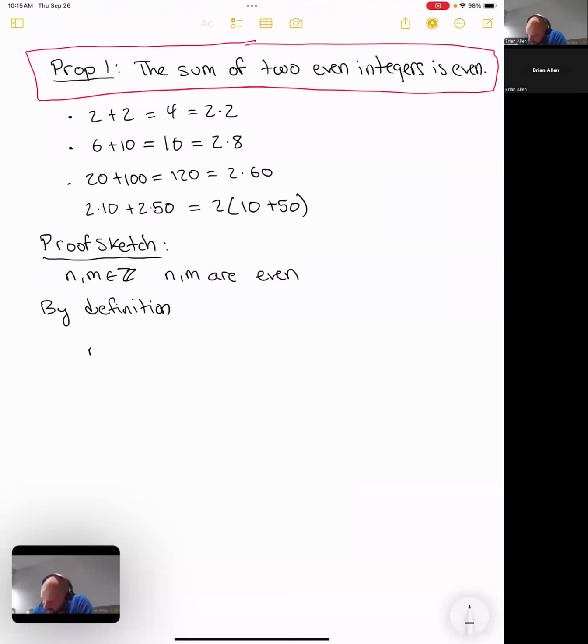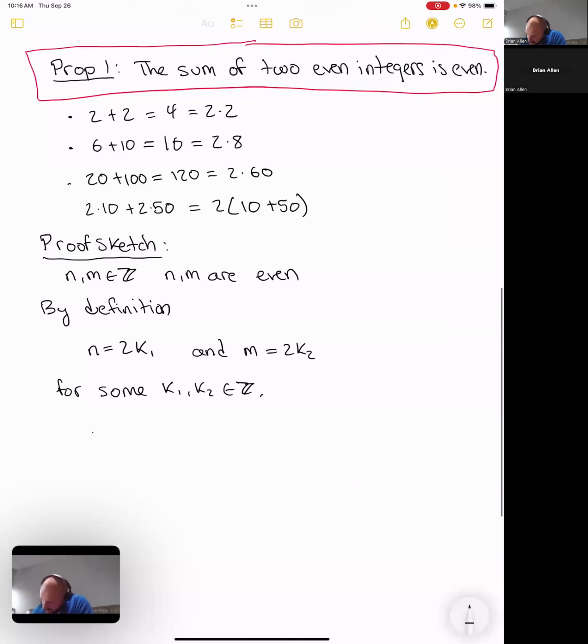That means that n can be written as 2 times k1, if you will, and m can be written as 2 times k2, for some integers k1 and k2. Okay, that's just the definition of even, right? So now I have something to work with though.